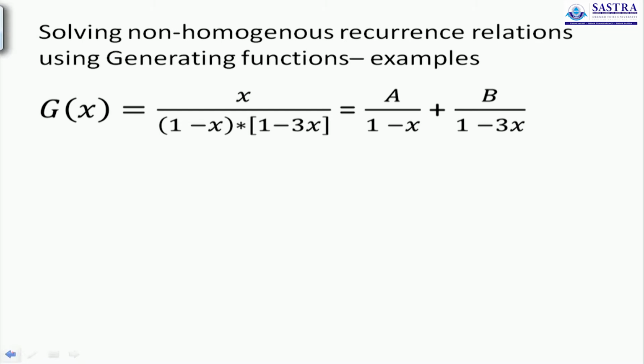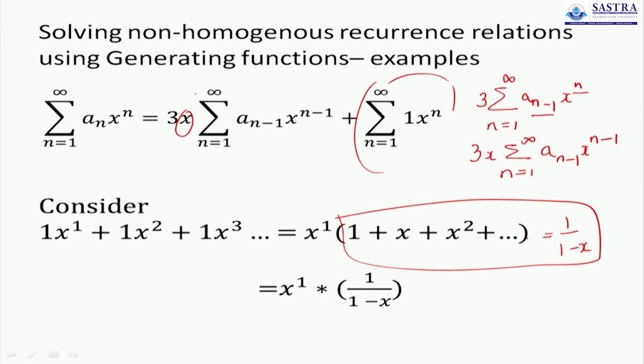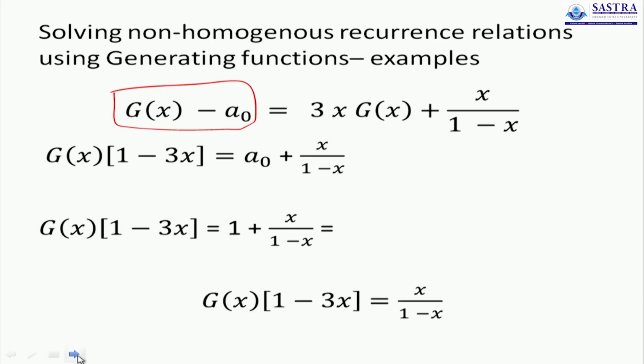Further, this summation, even though it starts at 1, is going to have a naught x power 0, a1 x power 1, etc. So this can also be written as 3x times g of x. Simplifying, this is what we get.